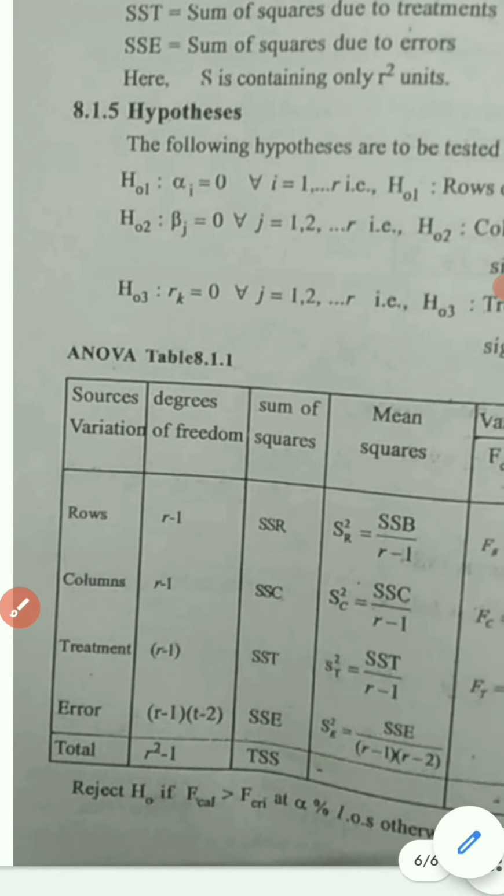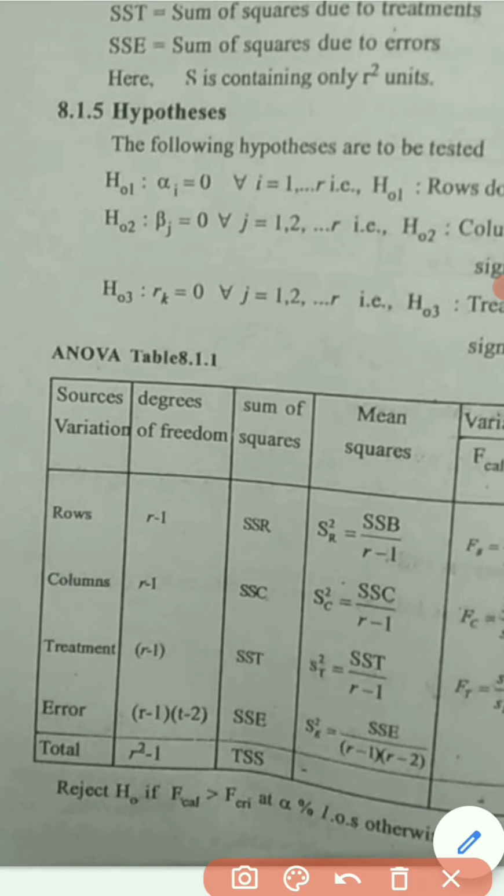Then, students, we will do the ANOVA table. For the ANOVA table, for source of variation, row, column and treatment, error and total will be there. Then for degrees of freedom, r minus 1, r minus 1, r minus 1, then r minus 1 into r minus 2, then r square minus 1. You need to remember this.